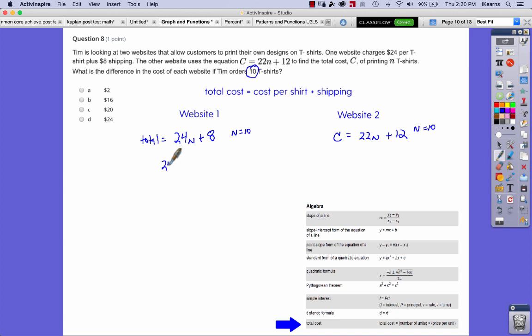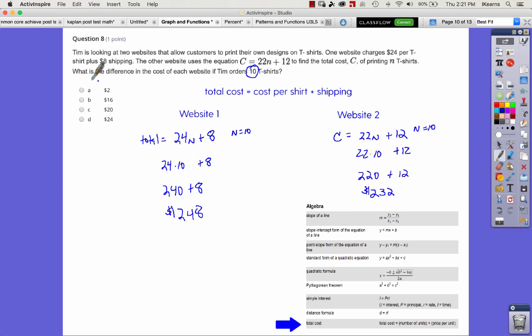So this will be 24 times 10 plus 8. 24 times 10 is 240, plus 8 is $248. All right, so website 2 is going to be 22 times 10 plus 12. 22 times 10 is 220, and put that in the calculator if you have to, plus 12 equals $232.